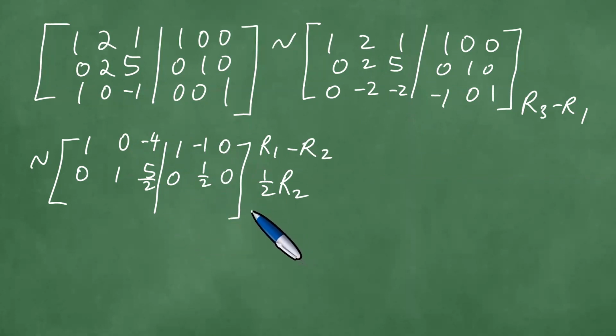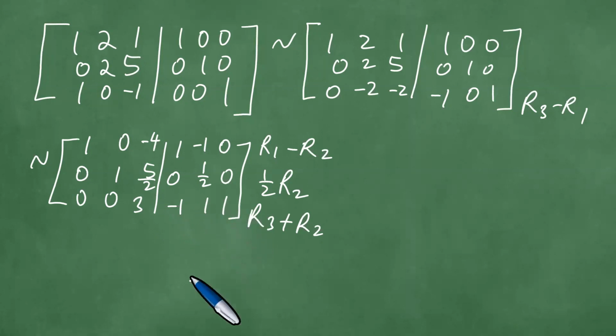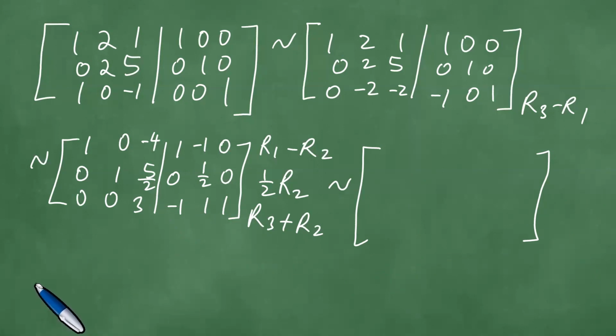And then here is row 3 plus row 2: 0, 0, 3; minus 1, 1, 1. So now you get here 1/3 of row 3.